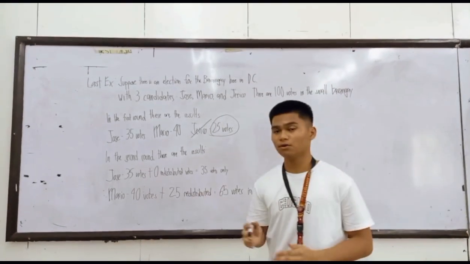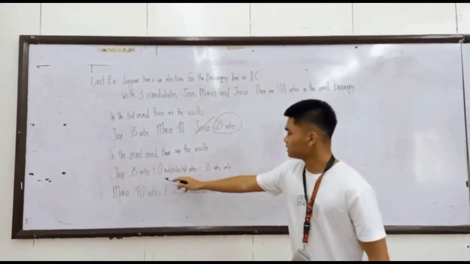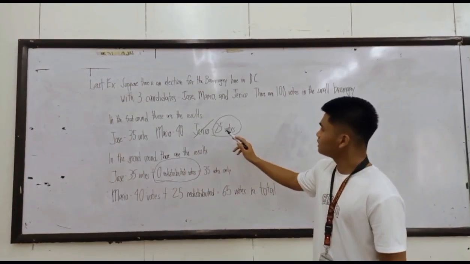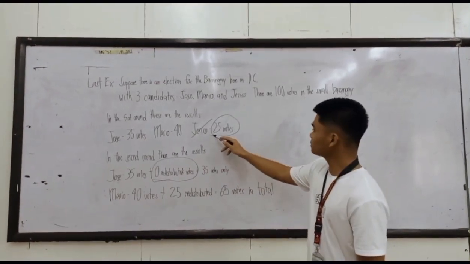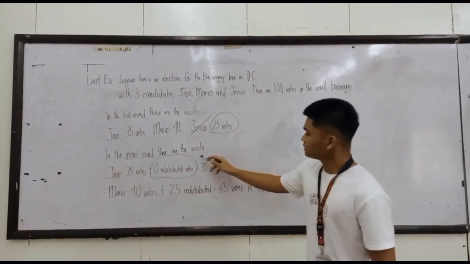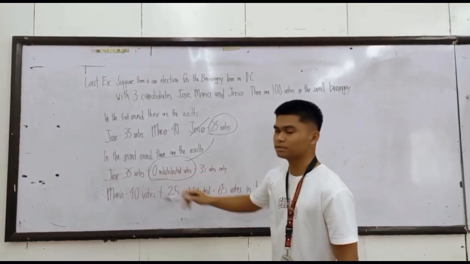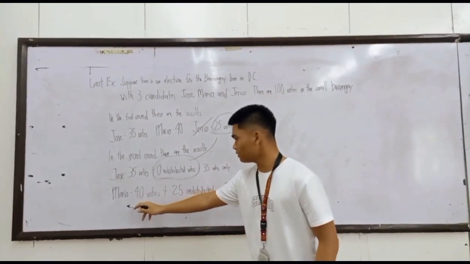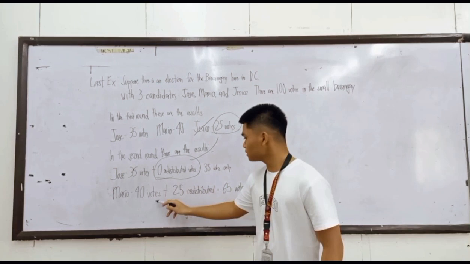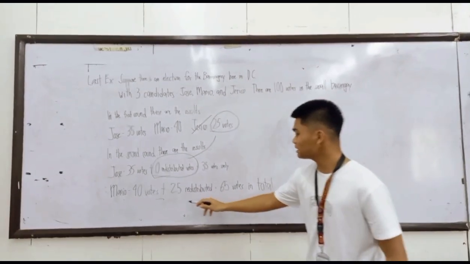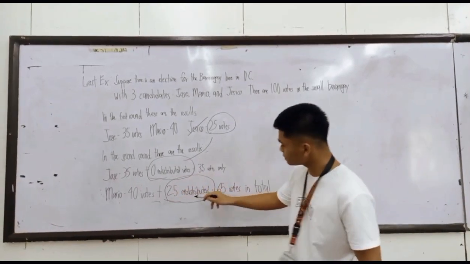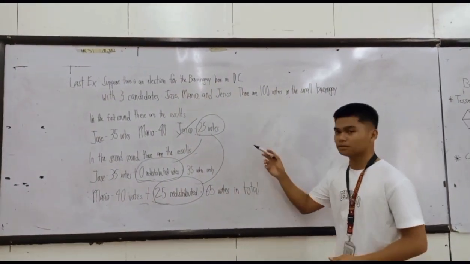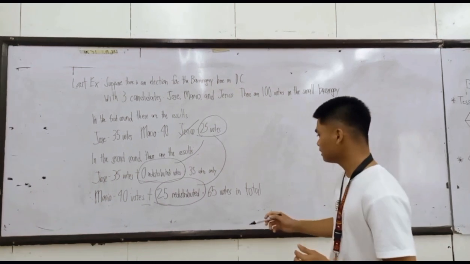Jose got 35 votes with 0 redistributed votes. So it means the voters of Jericho did not choose Jose as their second choice. And Mario now got 40 points plus 25 redistributed votes coming from the voters of Jericho, who was eliminated.